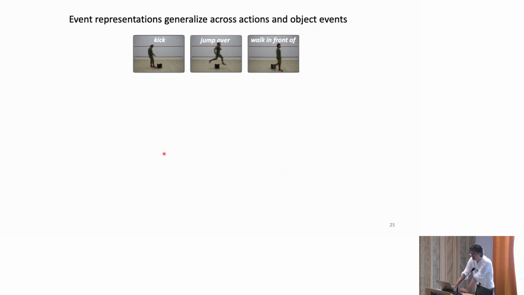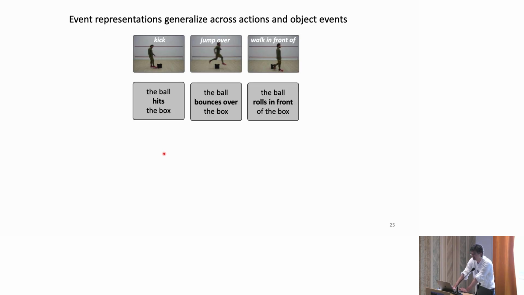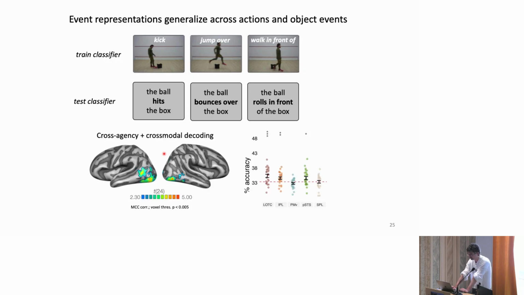Now, fortunately, we can even answer this question because we presented not only action videos, but also sentences of the action and object events. So again, what we did was to train the classifier on the action videos, but now we tested it on the sentences, and this should now isolate the representations that generalize across both agency and stimulus modality.